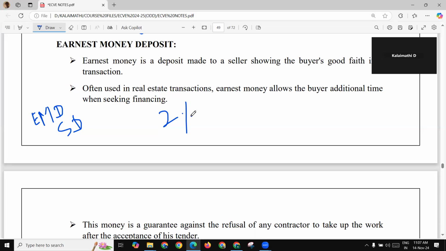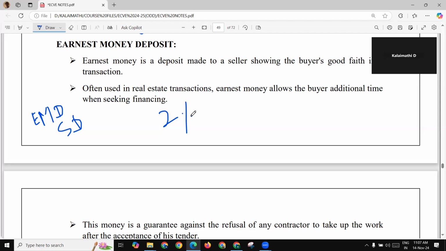This amount is collected in order to prevent the contractor from refusing to accept the contract once he is awarded the work. The EMD of unsuccessful contractors will be refunded to them. The EMD is also collected to avoid unnecessary competition from contractors who may not have sound financial status.